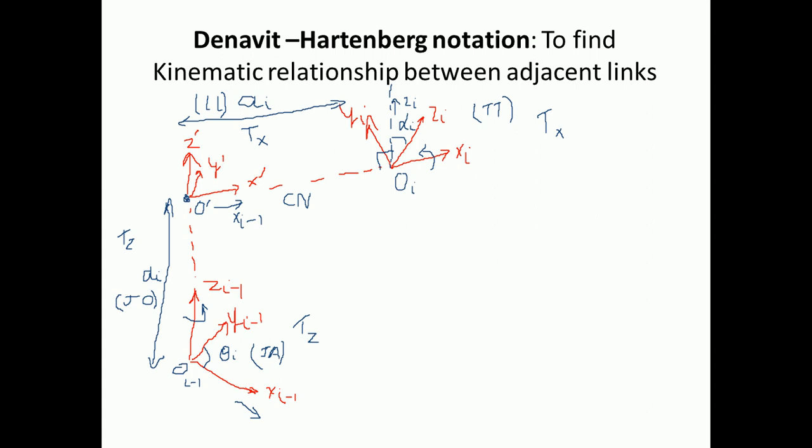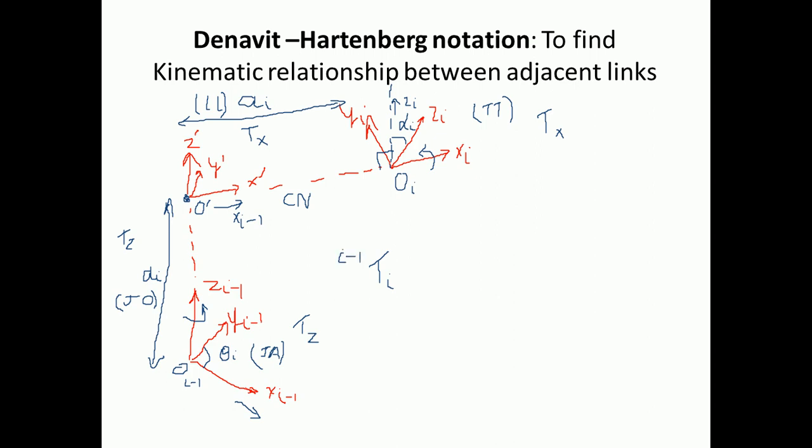So what we have done over here, we are trying to find the homogeneous transformation matrix of this i frame to this i minus 1 frame. So this is the representation of the homogeneous transformation matrix represented by capital T, and we are trying to find the relationship between this i frame and i minus 1.